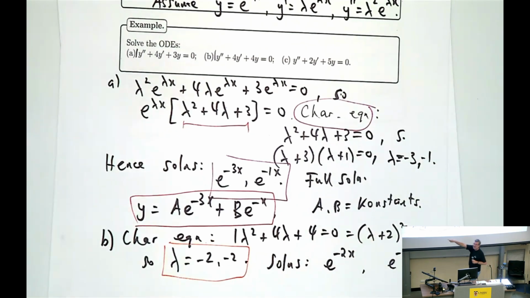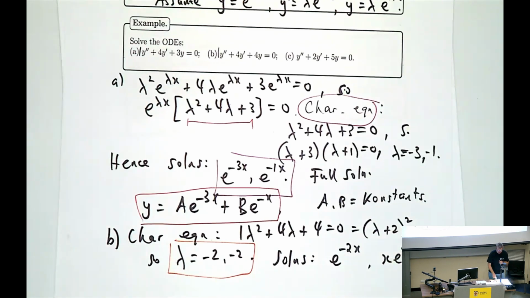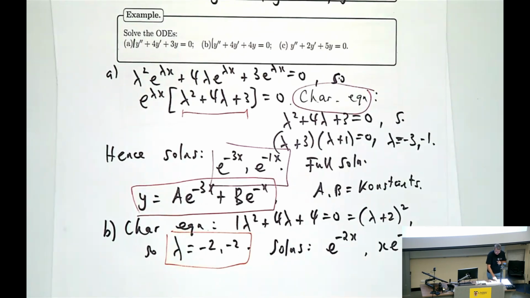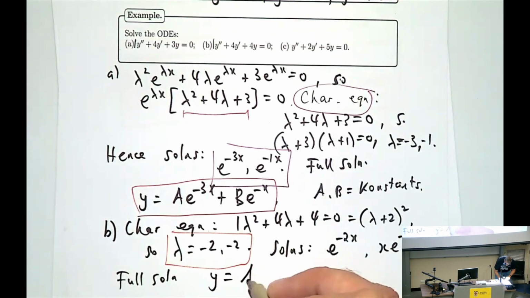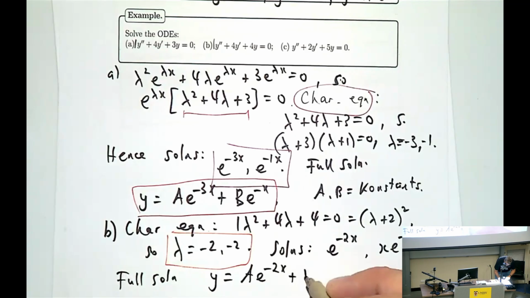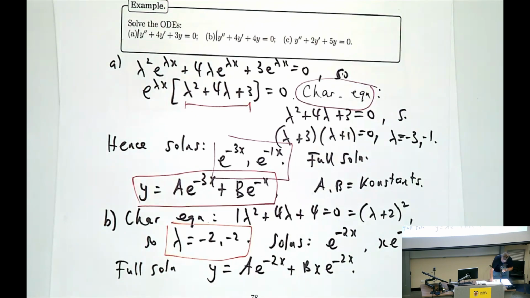But they're the same thing. So if you add them together, they're not independent of each other. As a good rule of thumb, multiply by x until they're no longer the same. Then you can do a linear combination.